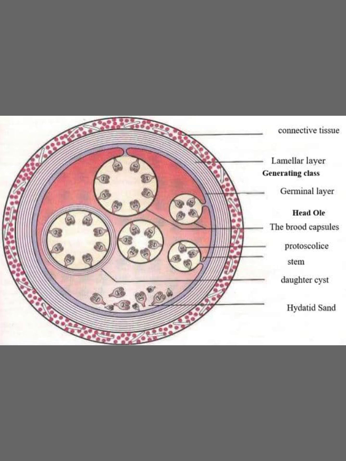The inner germinal layer gives rise to numerous protoscoleces, which are small invaginated structures that resemble an inverted head with hooklets. These protoscoleces reside in the liver and lungs of the intermediate host in the form of cysts, and they can develop into adults if they are ingested by another definitive host.